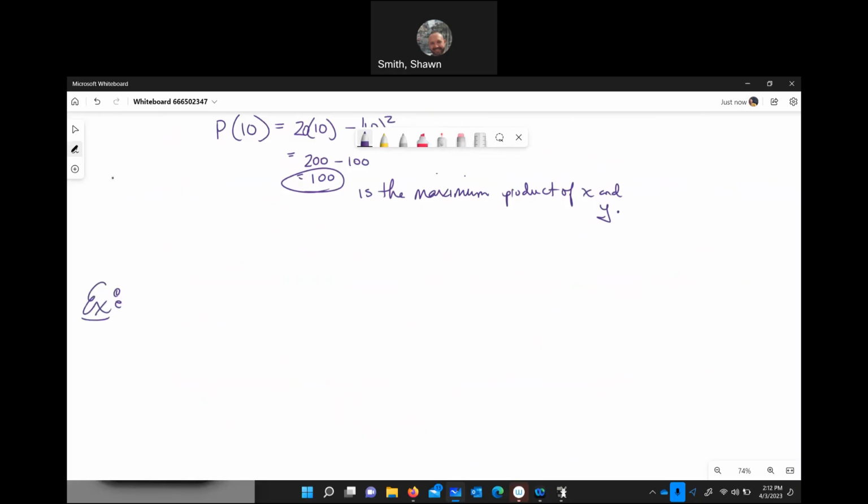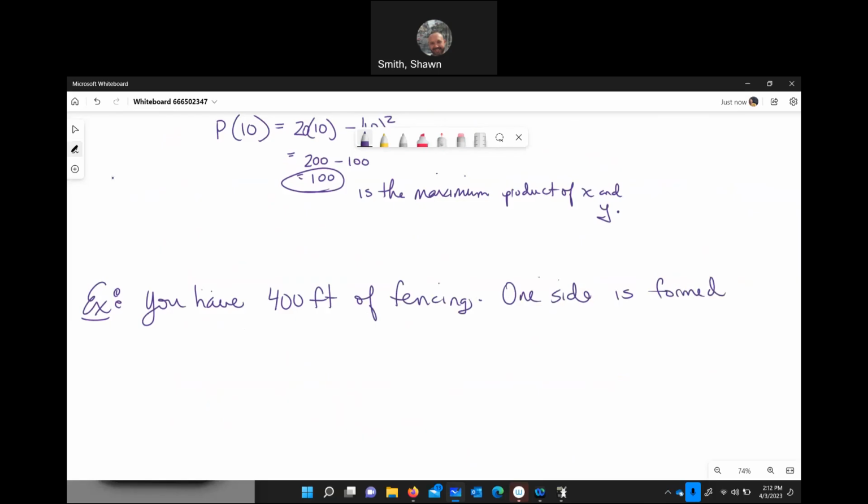All right, let's say you have 400 feet of fencing. One side is formed by a barn, which requires no fence.